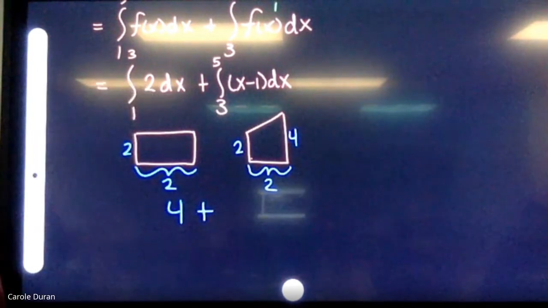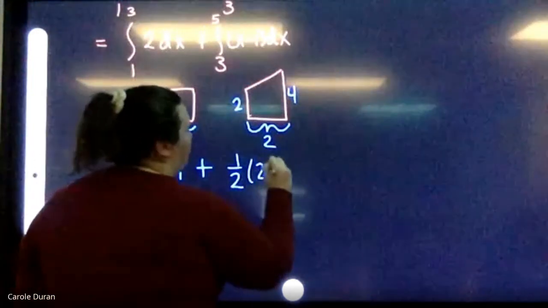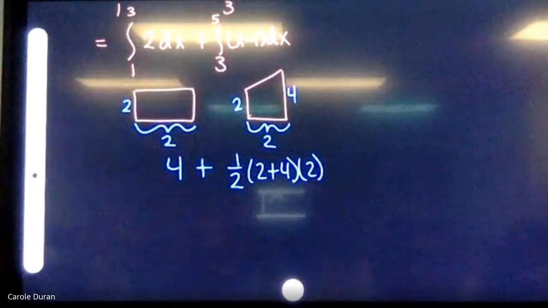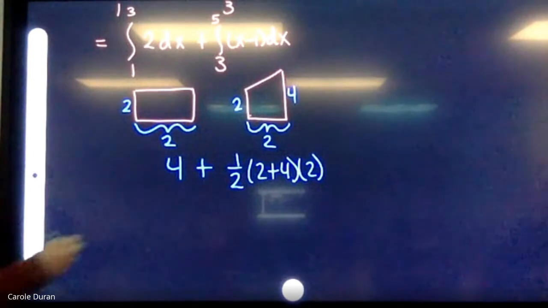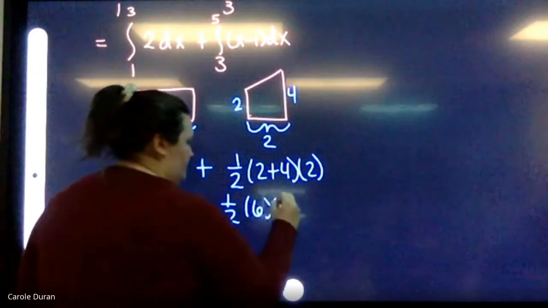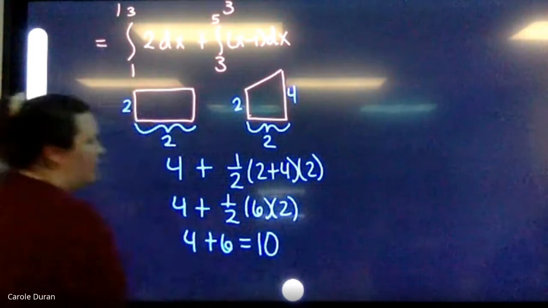And then I just do my trapezoid formula: 1/2 times base 1 plus base 2 times the height. And then I would just calculate it, and we should get an area of 10.